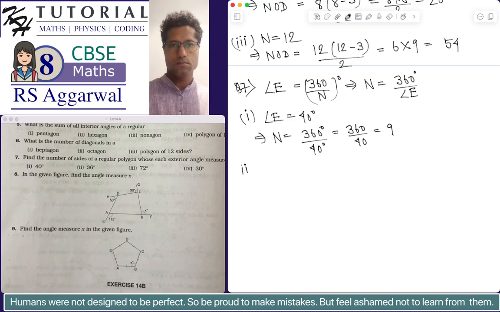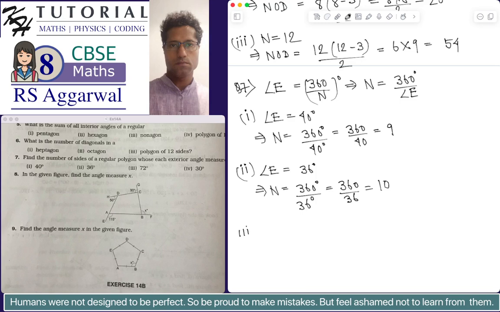Next one is given each exterior angle is equal to 36 degrees. So this will imply n is equal to 360 degrees divided by 36 degrees. This is equal to 360 divided by 36, which is equal to 10. So a regular polygon of 10 sides has each exterior angle equal to 36 degrees.